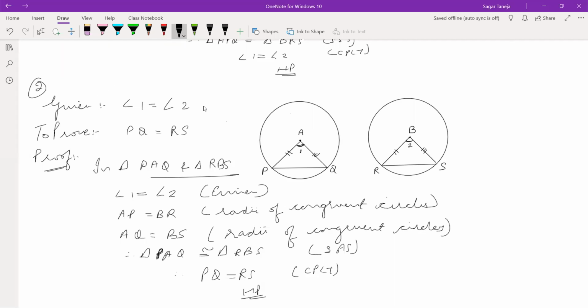So here we can add this: given that two circles are congruent. In the first question also you can add this because this is also given. Both the circles are congruent.